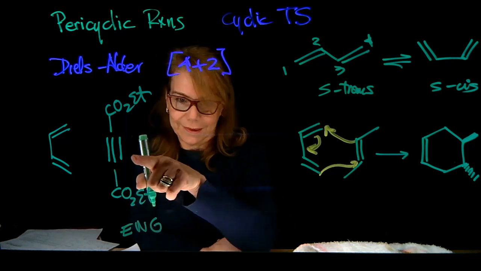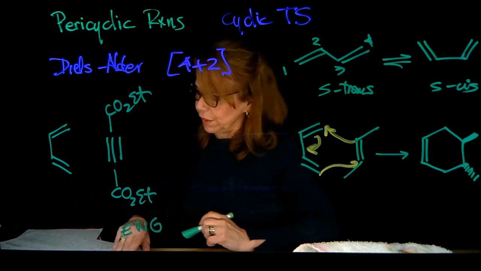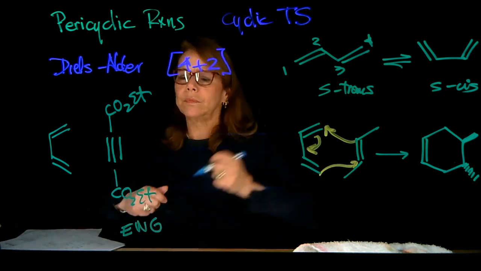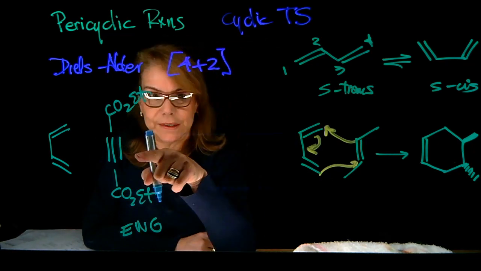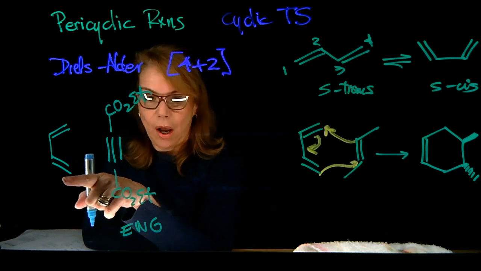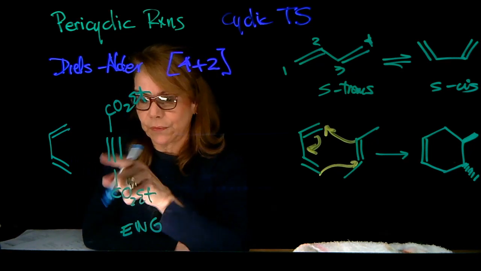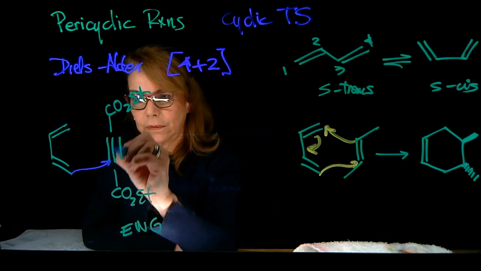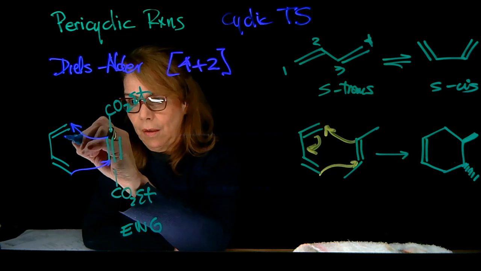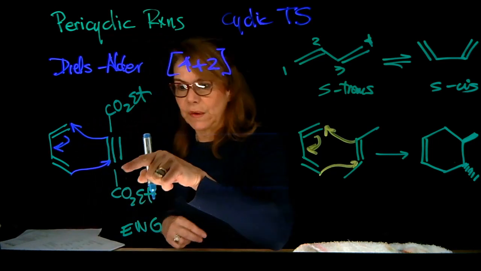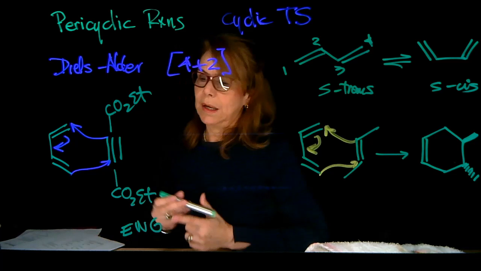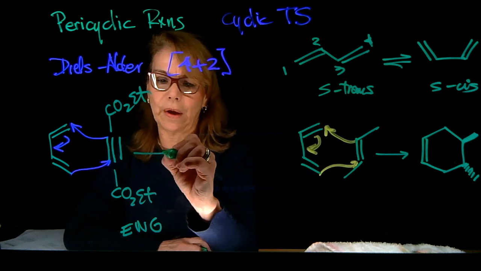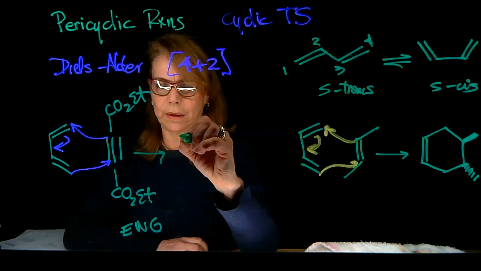That's your dienophile. But when we have an alkyne, we're still using 2 electrons from the dienophile, so 4 pi electrons from the diene plus 2 from the dienophile. You're using only 2 of the electrons in the pi bonds, so you're still going to have another pi bond on that side.